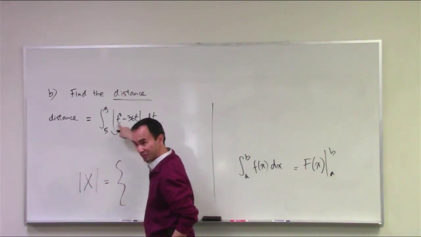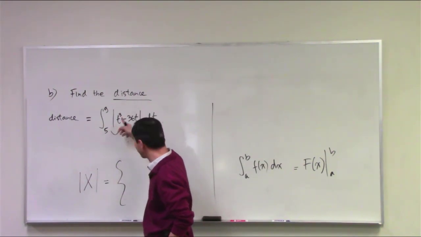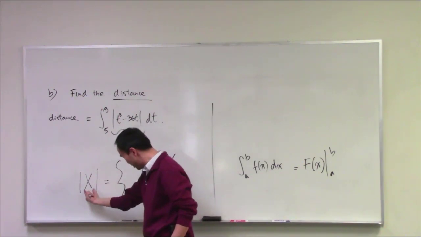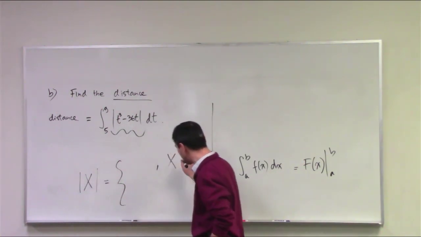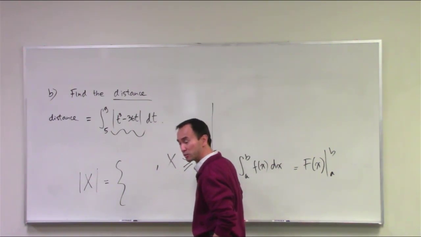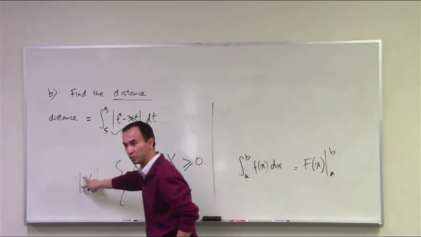X could be t cubed minus 36t, or e to the x, whatever expression. If the expression inside the absolute value is positive or at least zero, then you can simply get rid of the absolute value, and the two expressions are equal.